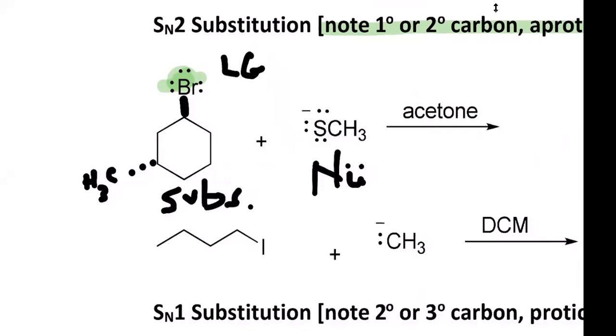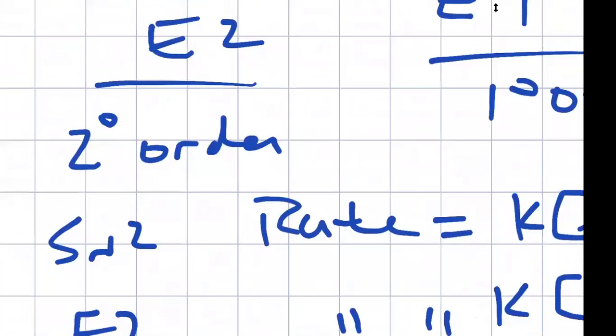All right, so let me go back up to here for 1 second. It doesn't matter if it's SN1 or SN2 for a substitution, the outcome is the same. You have a substrate with a leaving group.